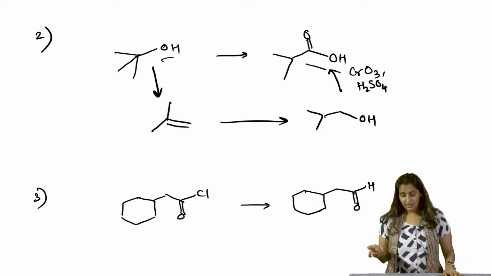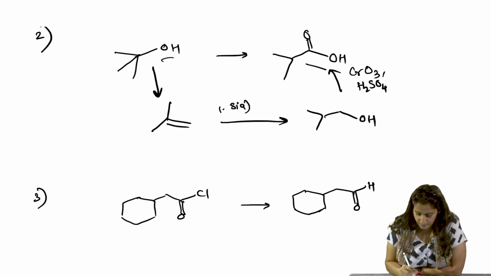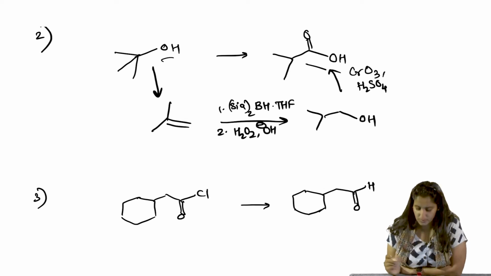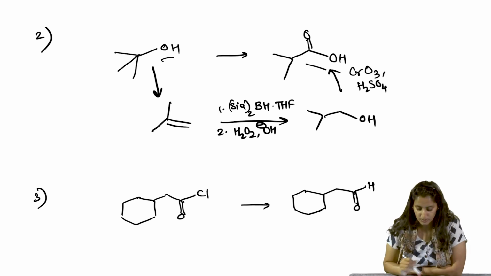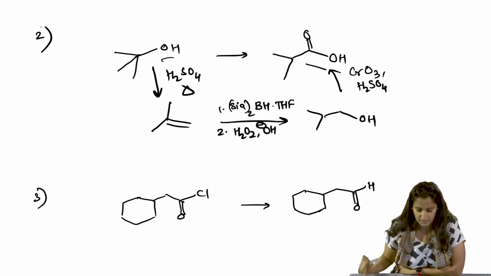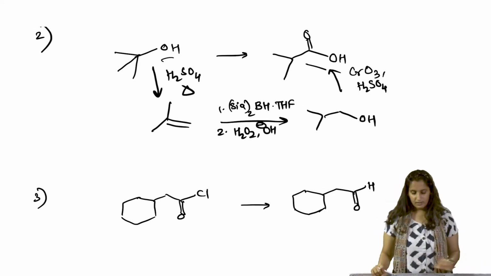So, I need to do hydroboration and oxidation. In the first step, we will do hydroboration and then oxidation to form the corresponding alcohol. To get from this tertiary alcohol to this alkene, we can simply put it in H2SO4 and heat. Okay. Let us go ahead for the next question.